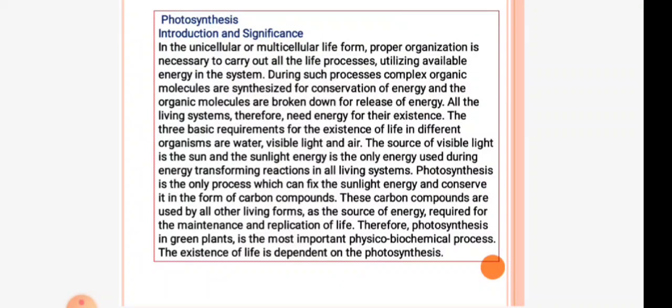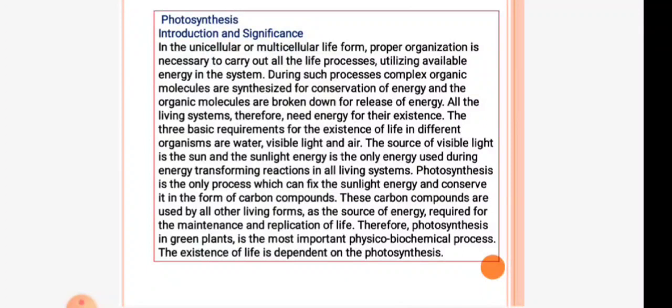The source of visible light is the sun, and sunlight energy is the only energy used during energy transforming reactions in all living systems. Photosynthesis is the only process which can fix sunlight energy and conserve it in the form of carbon compounds.